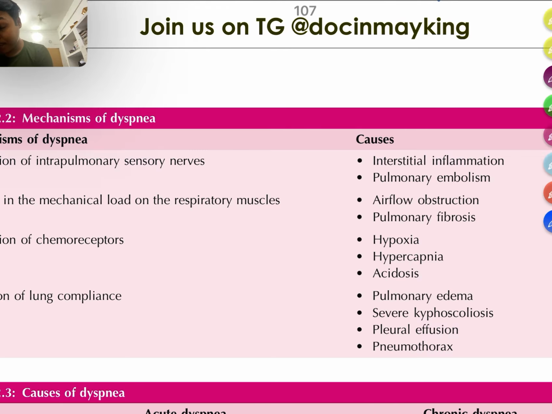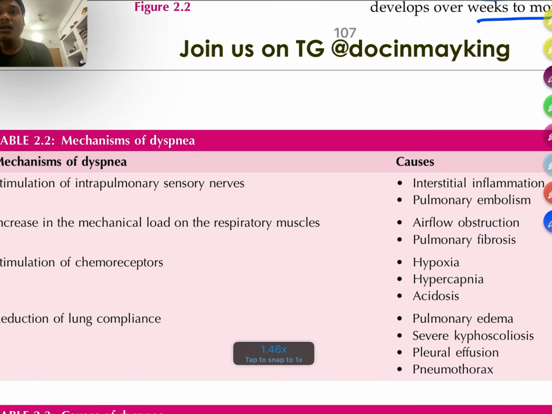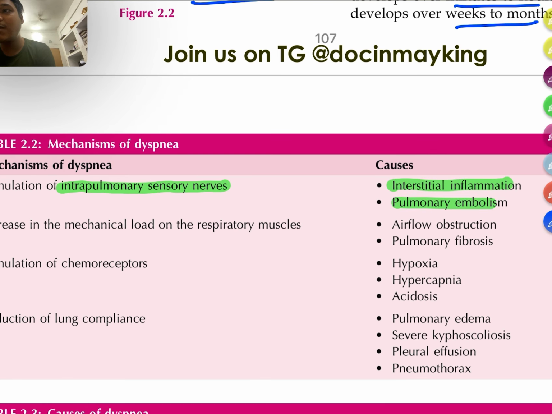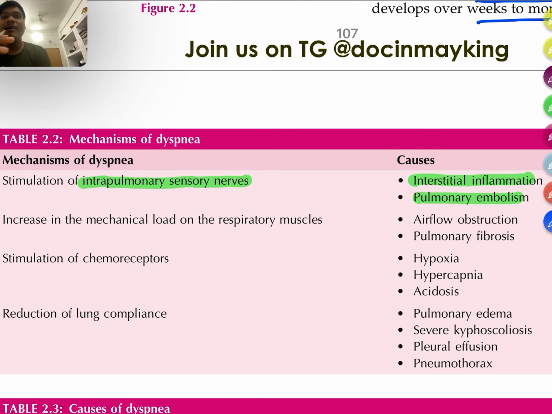Okay, so what are the mechanisms of dyspnea? Why does the person get difficulty in breathing? First is stimulation of the intrapulmonary sensory nerves. In cases like interstitial inflammation or pulmonary embolism, it irritates our sensory nerves, and that produces breathing difficulty. Next is an increase in the mechanical load of the respiratory muscles.